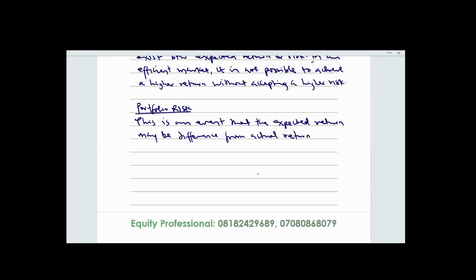So this is a risk, because market events or market conditions can impair your investment performance. As a result, what you intended to achieve may not be achieved at the end of the day. So this is a risk.